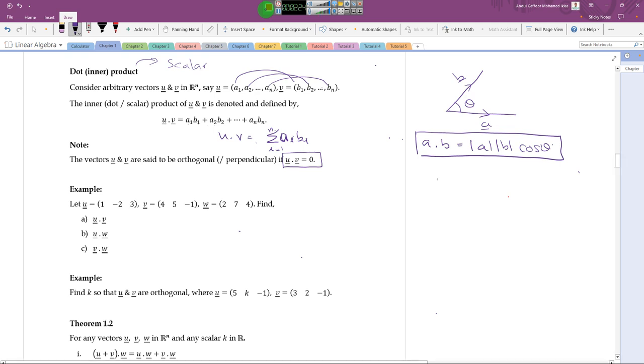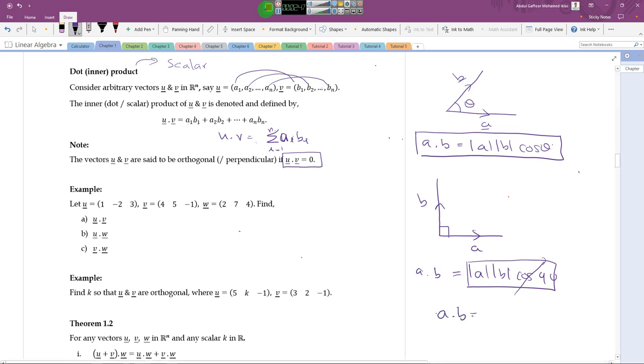So for example, if I have vector a and vector b, and let's say they are perpendicular, a dot b is equal to mod of a mod of b cos 90. So cos 90 is equal to 0. Since this is 0, the entire expression will become 0.